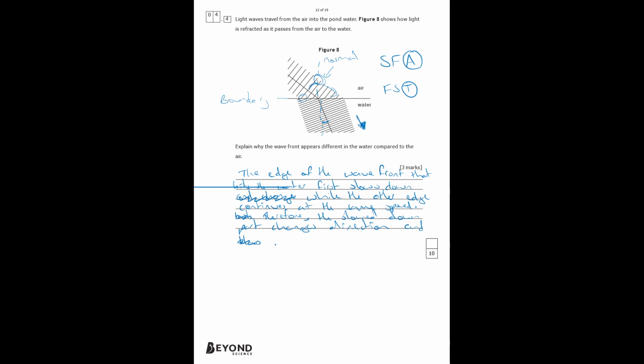Oh, and the wavelength reduces. So your marks there are for saying that the edge of the wavefront that hits the water first slows down, and then your marks for saying it changes direction as well.